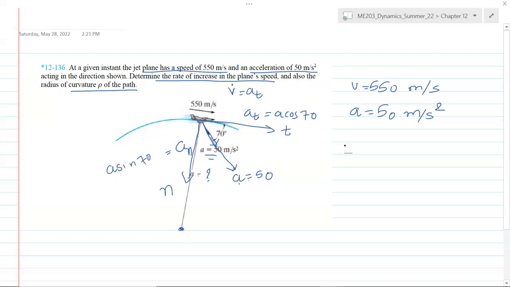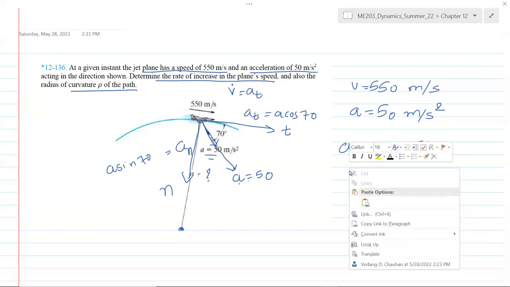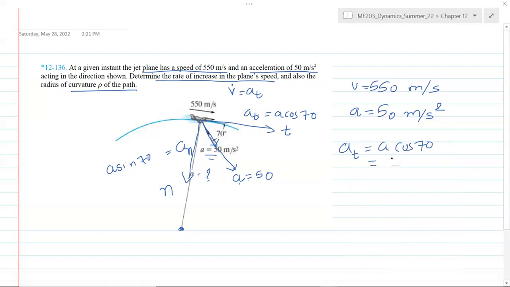So first step is calculate at, which is a cosine 70, which is 50 cosine 70, which is 17.1 meters per second square.